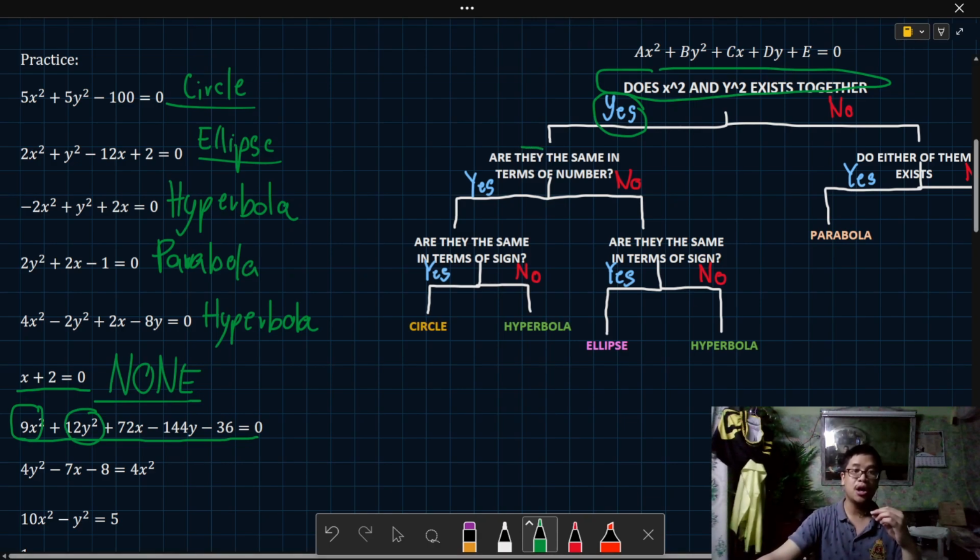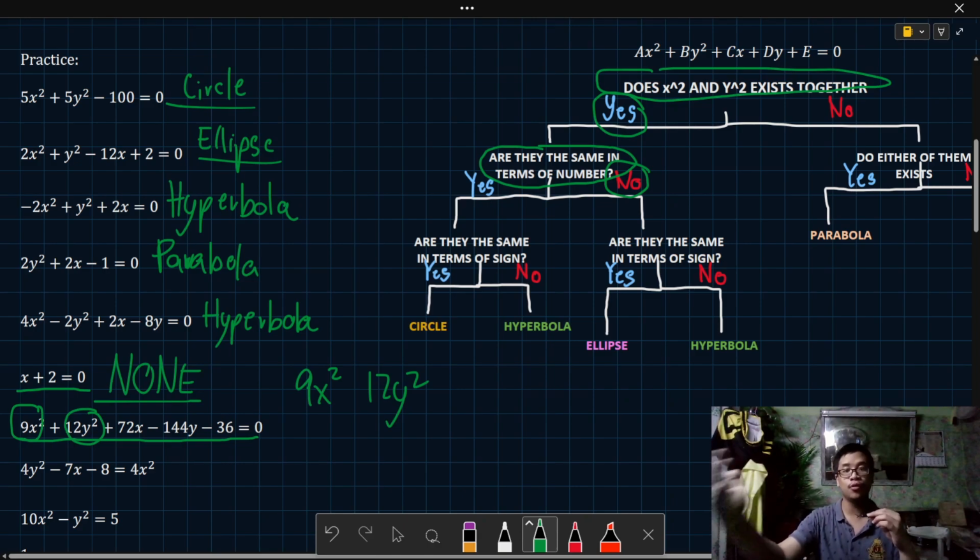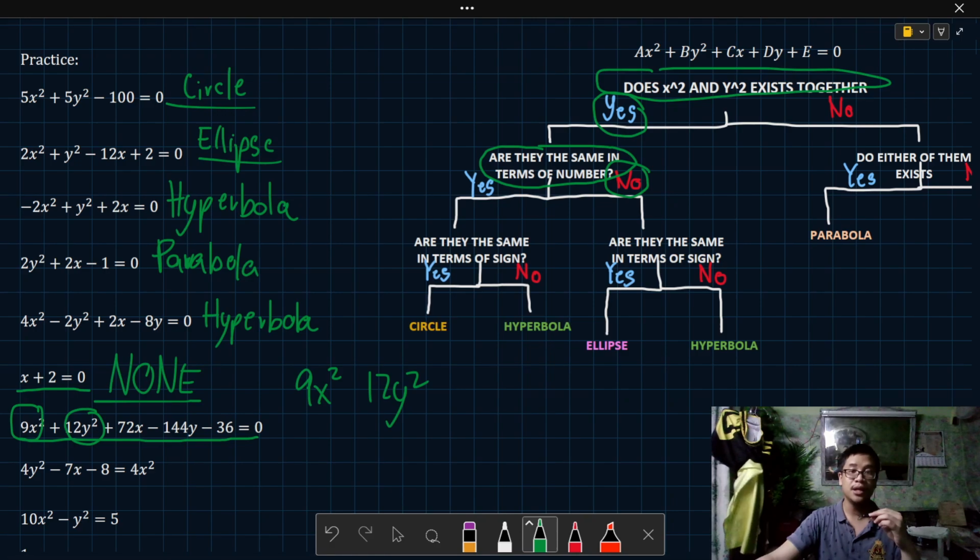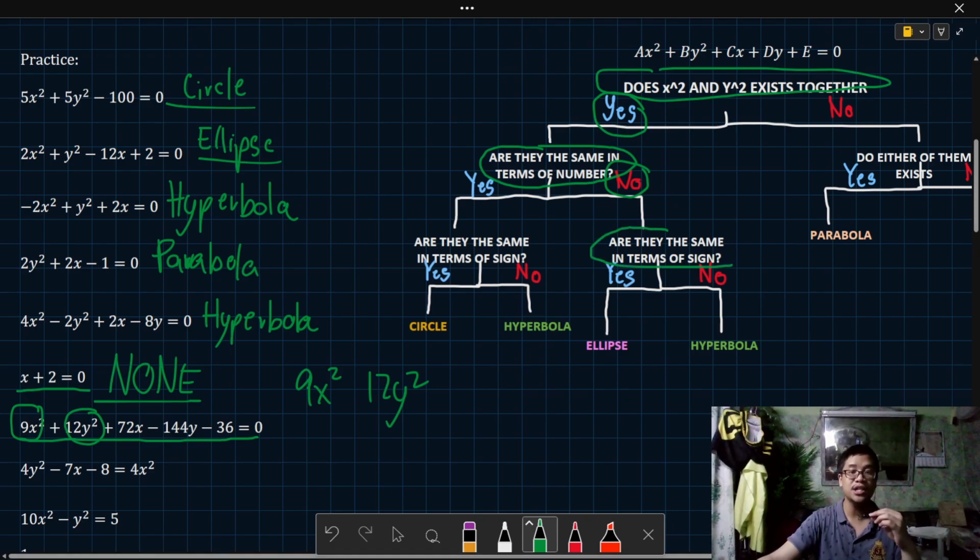Next question: are they the same in terms of number? We have 9 for x squared and 12 for y squared, so no, they're not the same. How about signs? Both of them are positive, so it's a yes.